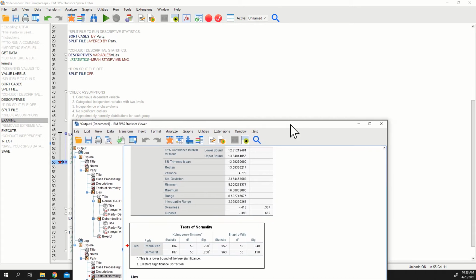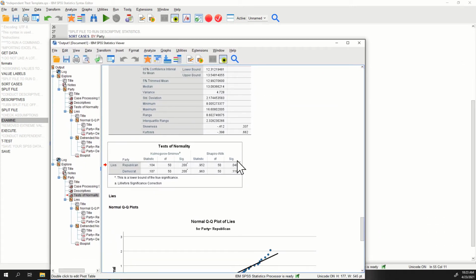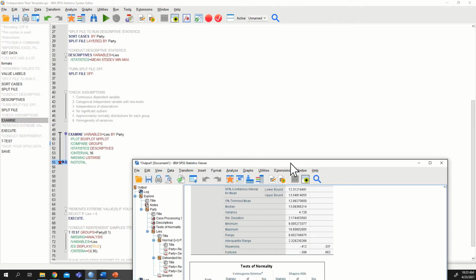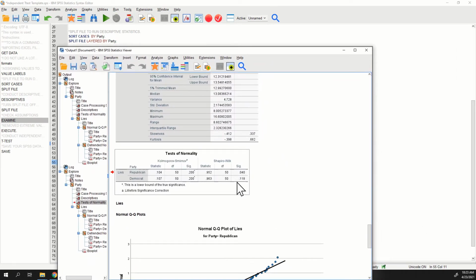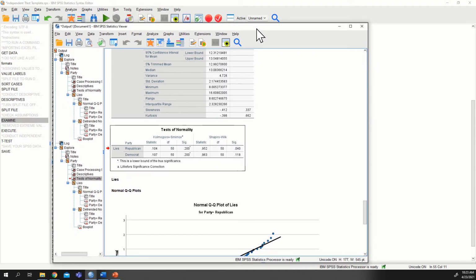That's assumption 5. So for assumption 5, we can see that for Democrats, we have a normally distributed bell curve, or that our dependent variable values are normally distributed for Democrats, but not for Republicans. So when I do my videos, I try to put situations that are very relevant and very real.